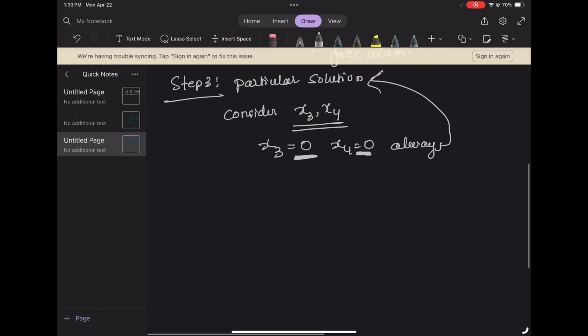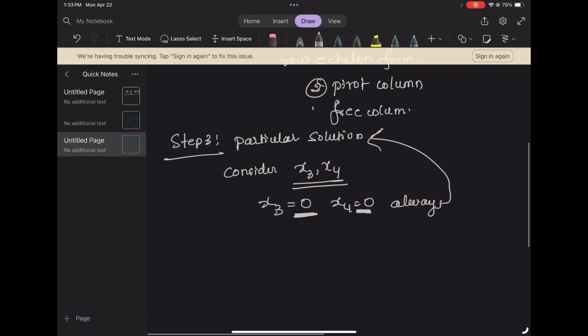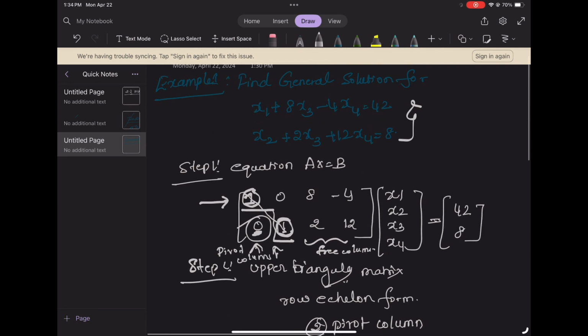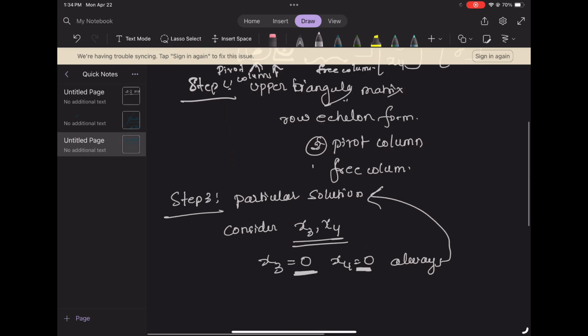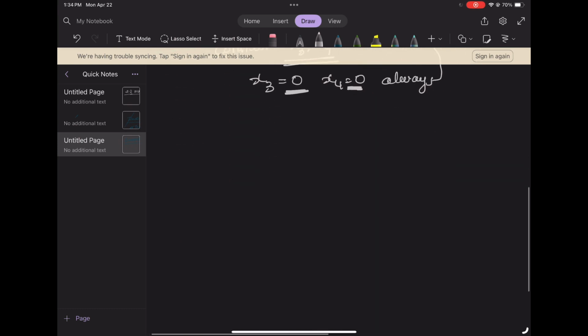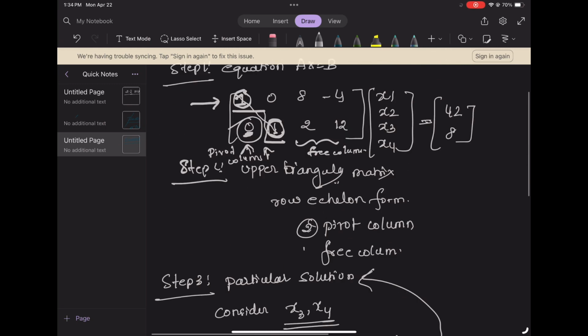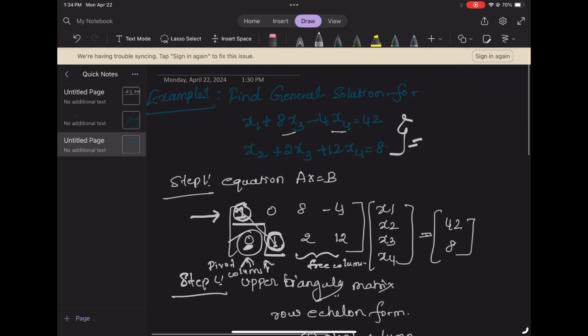Now let us apply x3 and x4 equal to 0 to the given equations. You can see we apply x3 and x4 in these two equations. So x1 is equal to 42, since x3 and x4 become 0.